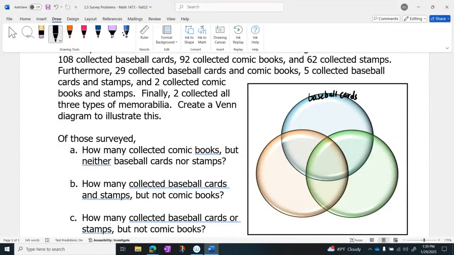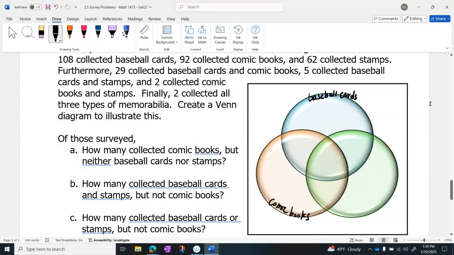The subjects, the respondents in this survey, we consider what they collect. Do they collect baseball cards or comic books or stamps? 3 things. So this circle on the top represents the set of respondents who collect baseball cards. And let's use the pink one on the bottom left to be the set of collectors who collected comic books.